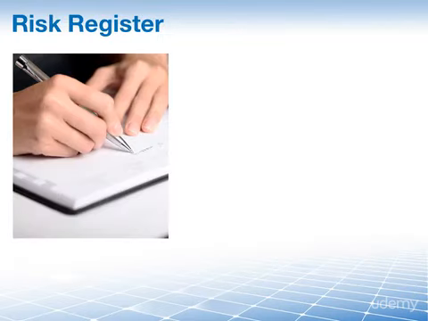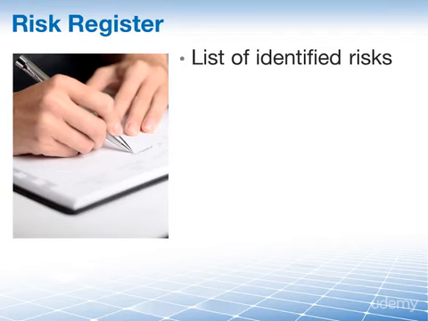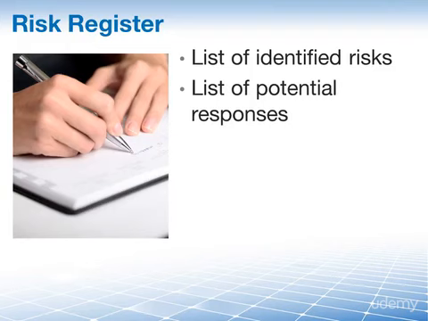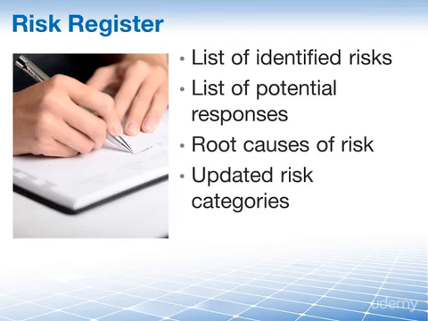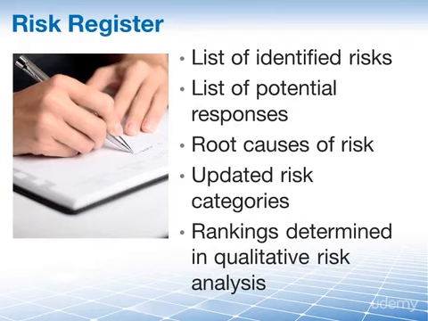The risk register is our first input because without the risk register, which contains the list of our risks, you could not quantify them. But at this point in your risk management processes, the risk register contains more than just the list of risks. We've gone through several processes already. It contains the list of the identified risks, a list of potential responses, the root causes of your risks, an updated risk category, and it will also give you the rankings, high, medium or low, that you identified in the qualitative risk analysis.